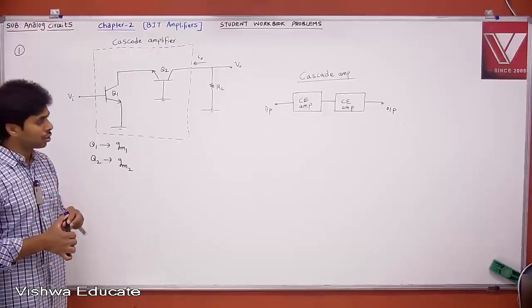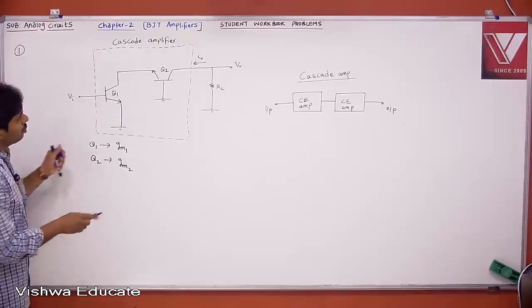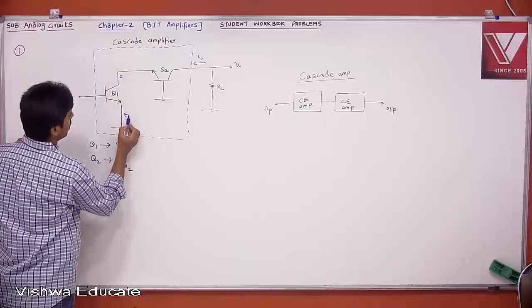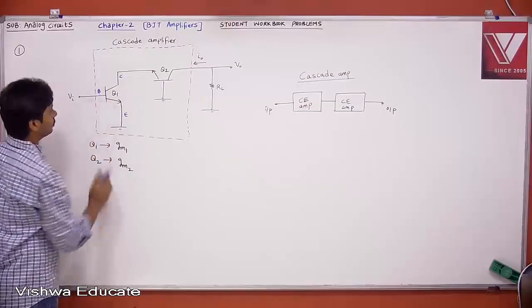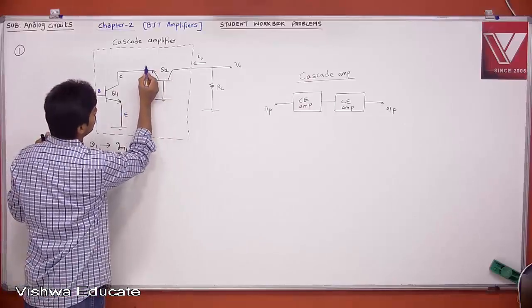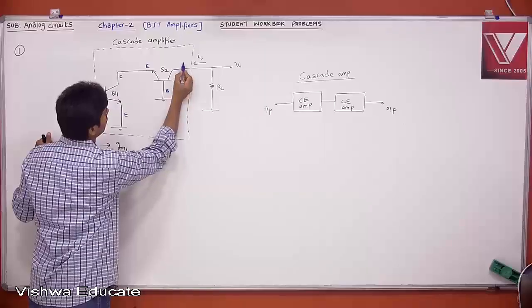Okay, no biasing is shown. Now, for transistor Q1, this is collector, this is emitter, and this is base. Similarly for transistor Q2, this is emitter, base, and collector.